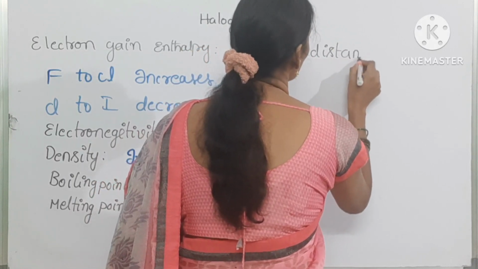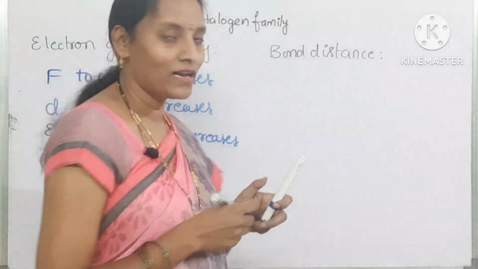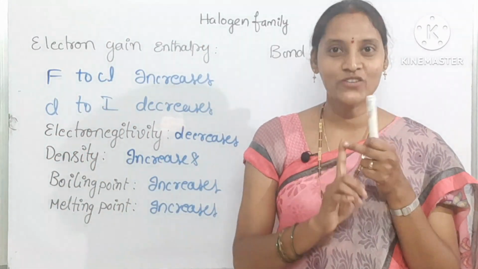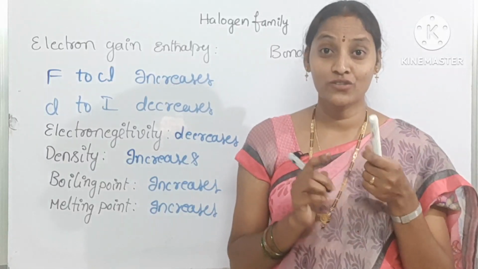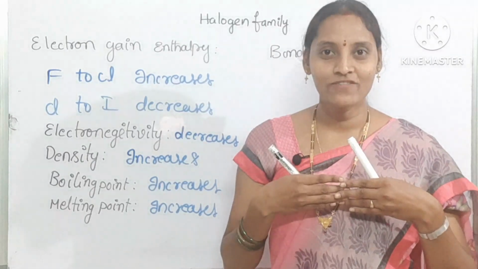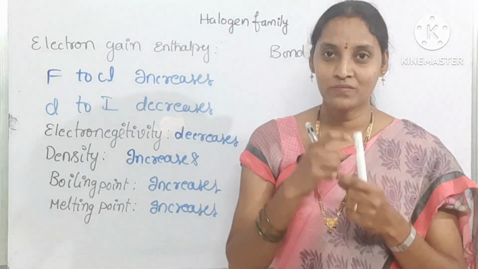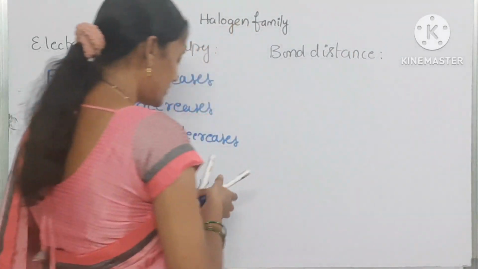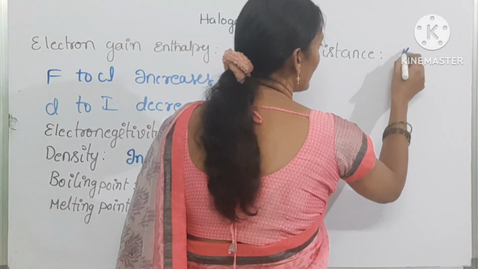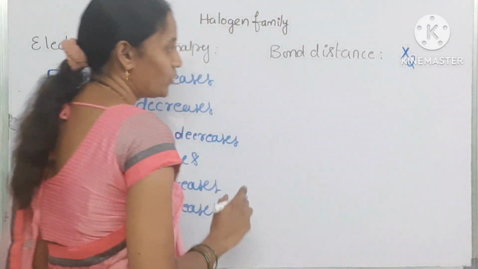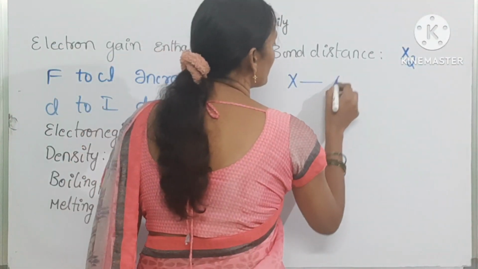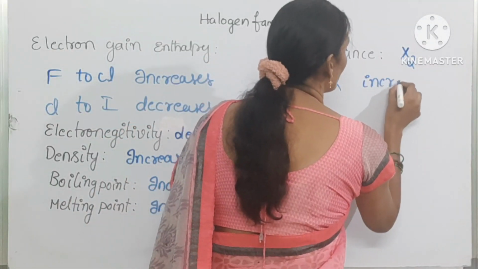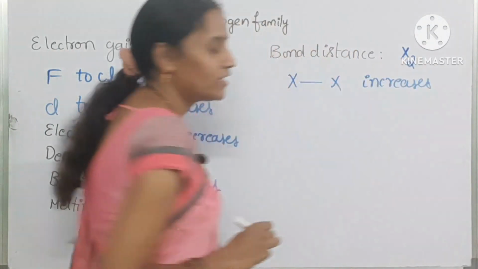Before that, you need to remember one thing: all halogens exist in a diatomic state because they are all one electron short of the octet configuration, so they share with each other and form a molecular state, that is, a diatomic state. Halogens are indicated with X, so in the form of X2. The bond distance between X and X increases down the group, my dears.